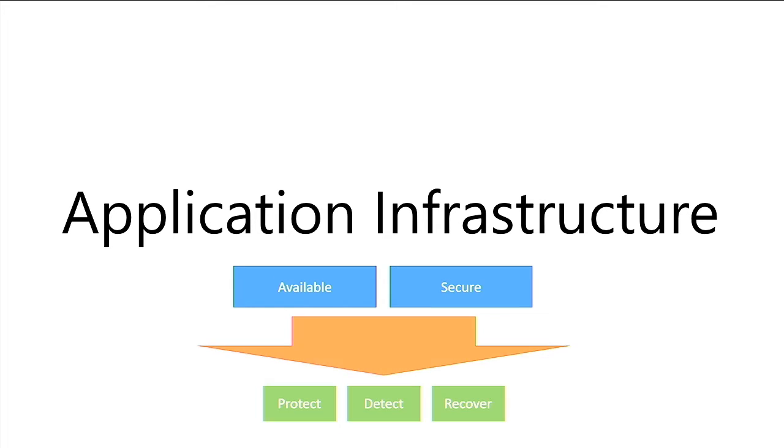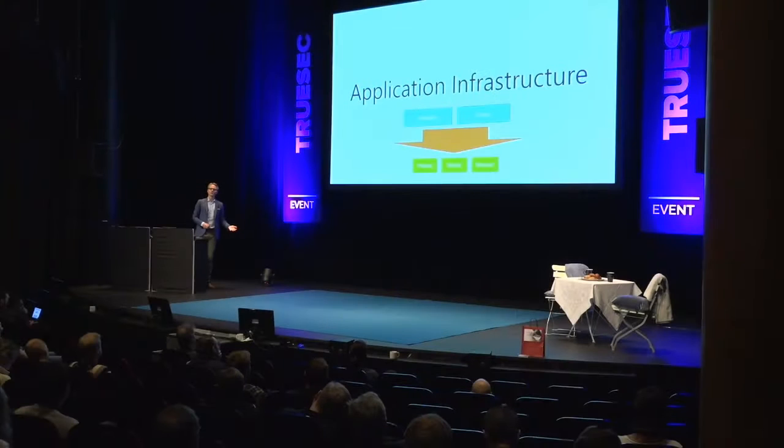That brings the ability to protect, detect, and quickly recover once you're in a breach situation. Because, as Marcus talked about yesterday, we have to assume breach. Breach will happen eventually. So we need to build our environment in a way so that we are able to quickly recover from a disaster.